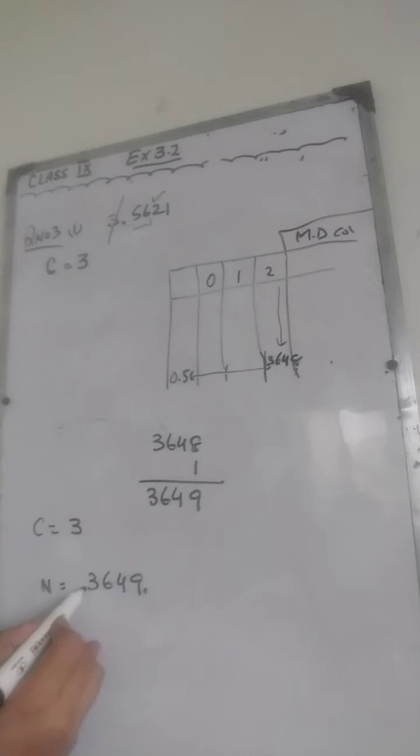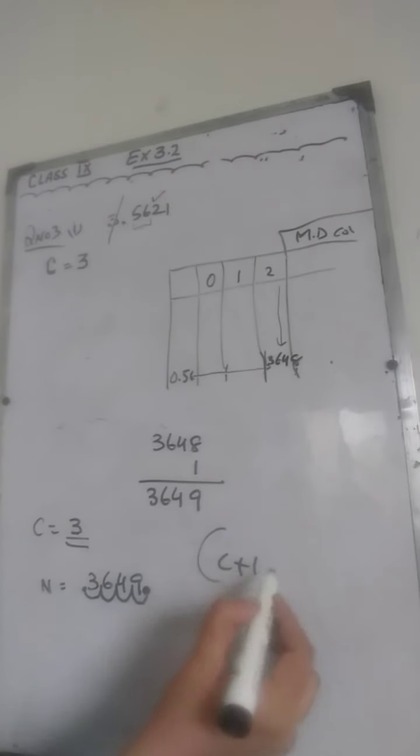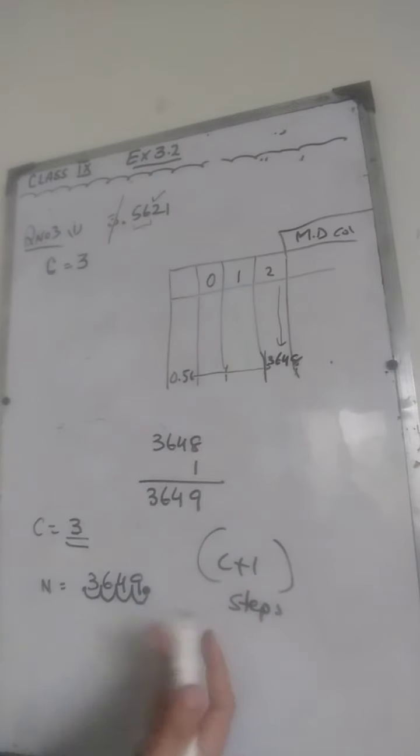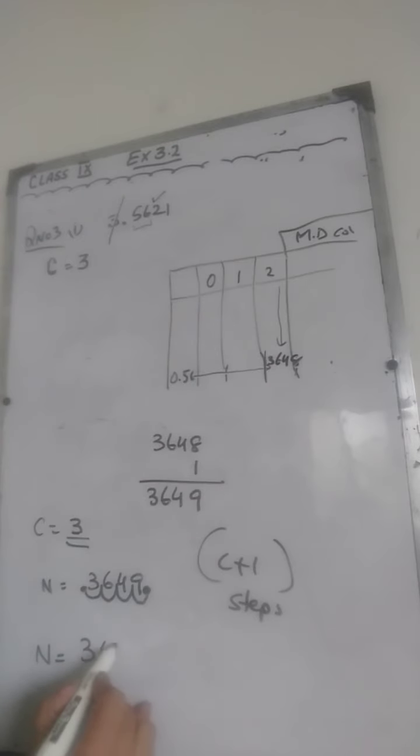So you start from here and shift 4 decimal places: 1, 2, 3, 4. It's always one more than the characteristic. C plus 1. The movement will be C plus 1 steps towards the right. Now this will be the antilog of the number, so our answer will be 3649.